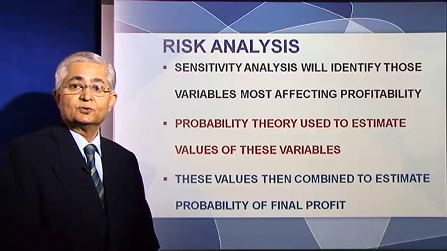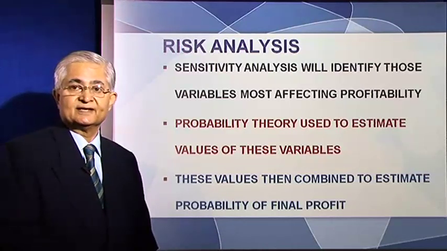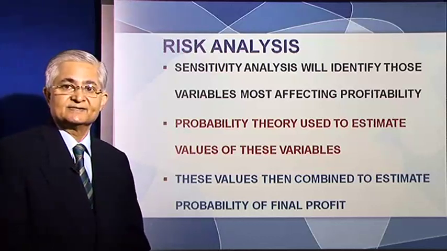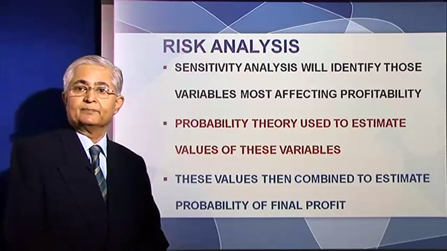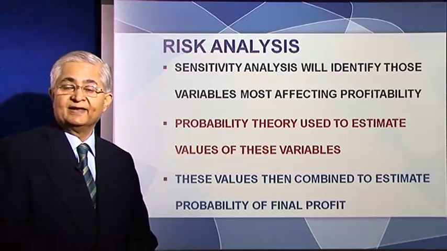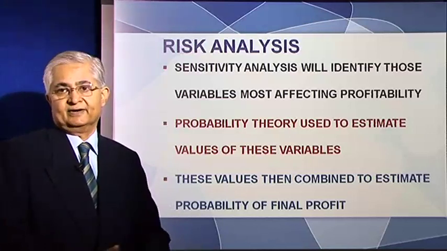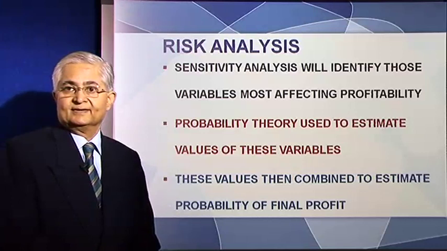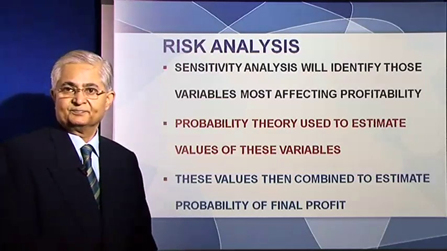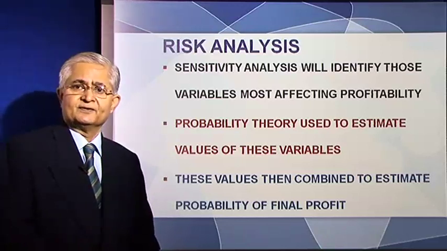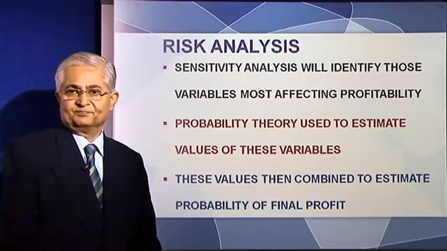Now let's look at the second variable which sensitivity analysis identified, and this is the price of the final product. The price of the product could vary from 500 to 600. There is a 40% chance that the price will be 550.